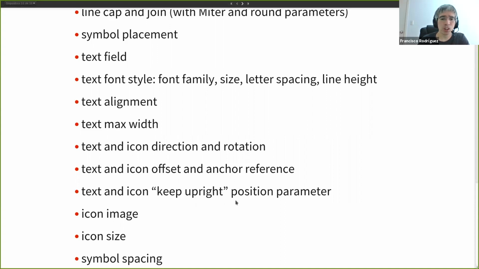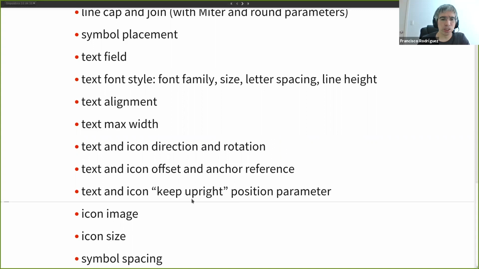For example, when we follow a line, a label could be upside down, and we need to rotate that 180 degrees, but we might or might not want that. For example, if we have an icon with an arrow, we don't want to move that arbitrarily. But if we want a text, we want that to be something you can always read.